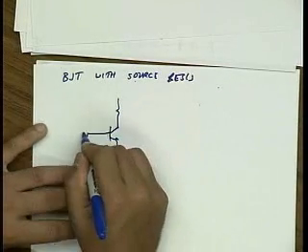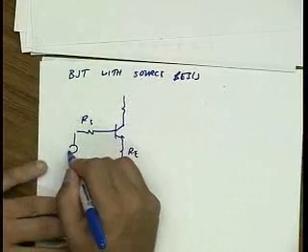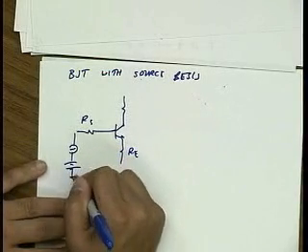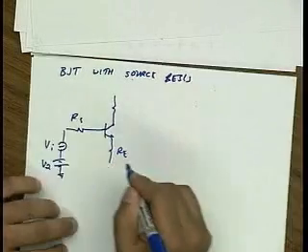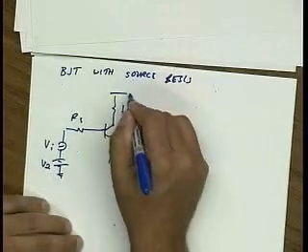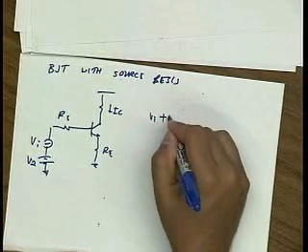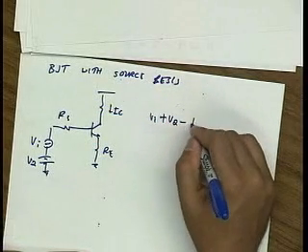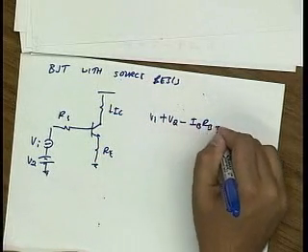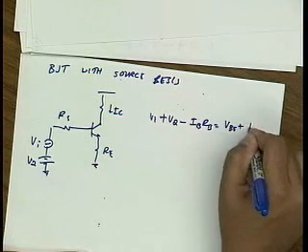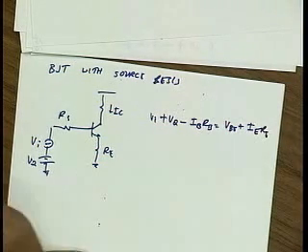Okay, let's look at a BJT with source resistance. So now let's take into account RS, which is always present. And so now V input plus VQ minus IB RB is equal to VBE plus IE RE. Okay?